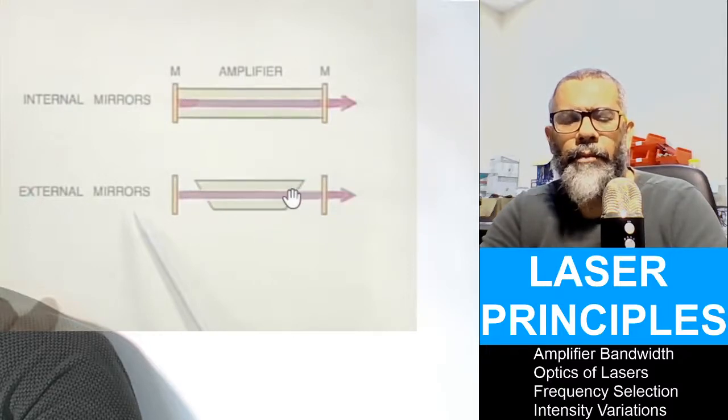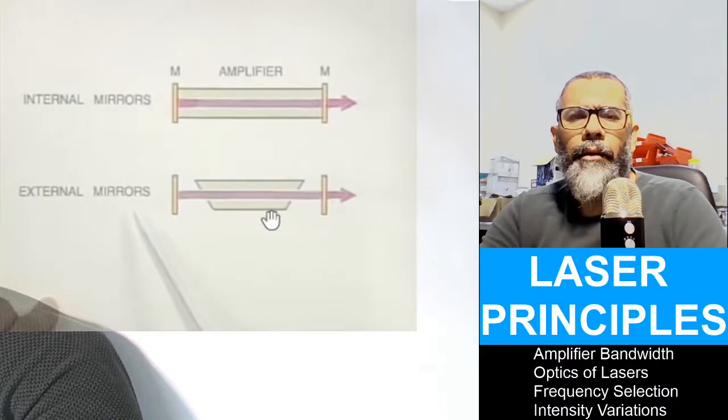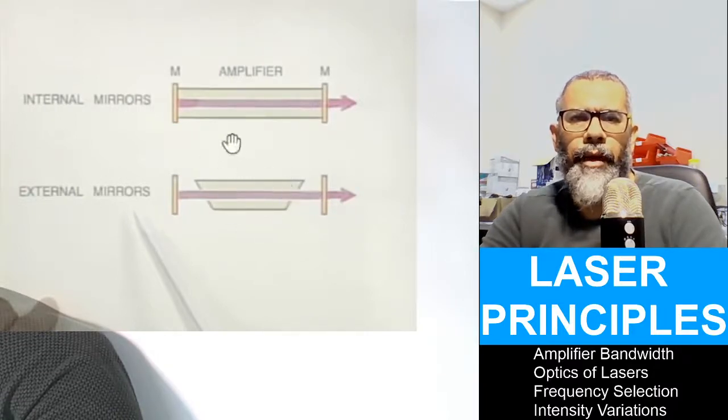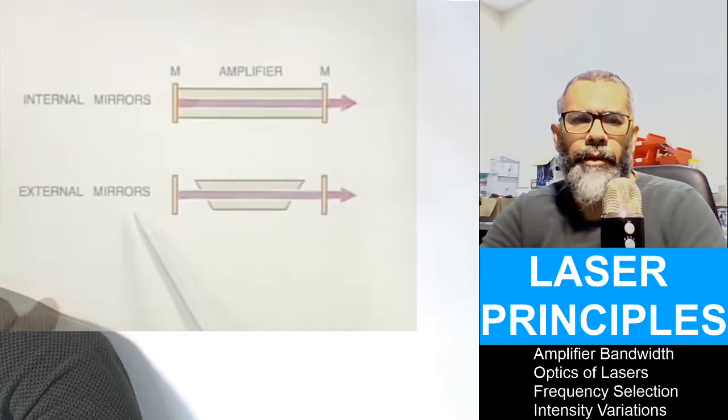I will talk about this in an application video separately. So these are the two possible configurations: you may have your amplifier united with the mirrors at the endpoints, or you may have the mirrors separated from the amplifier.